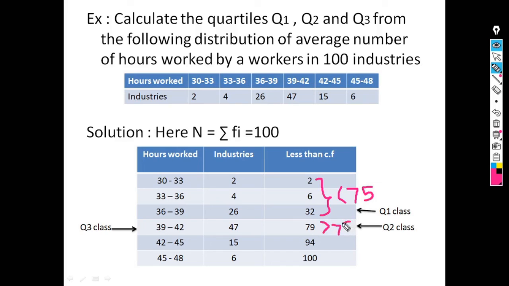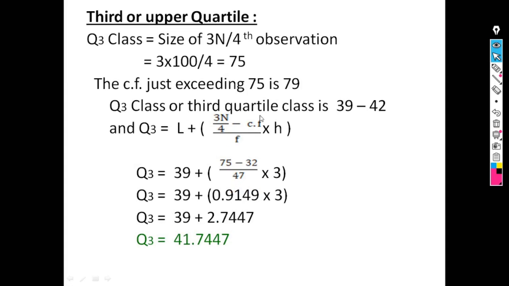So this is our Q3 class. In this example, our Q2 class and Q3 class are the same class, and the lower limit of the Q3 class is 39 and its class interval is 39 to 42. Just substitute these values in that formula. So Q3 is equal to L, the lower limit, 39, plus 3n by 4, that is 75, minus CF.